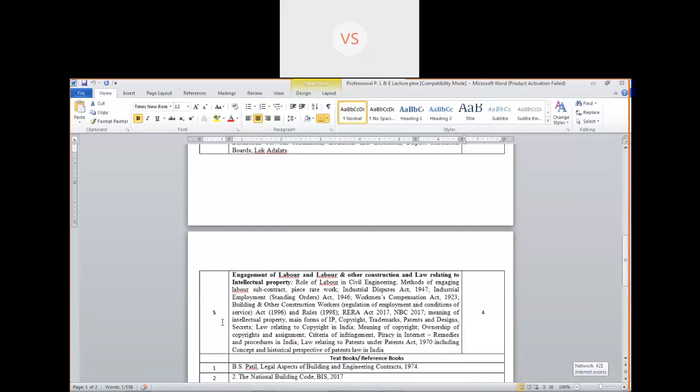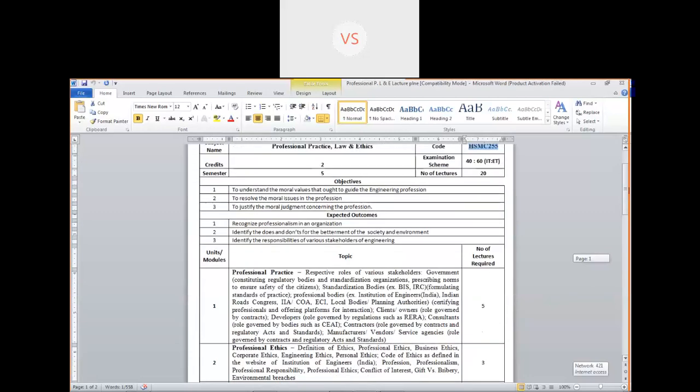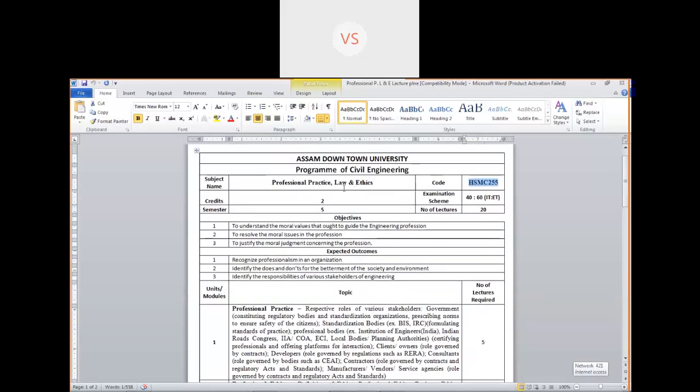In the fifth module, we will learn about different acts: the Industrial Disputes Act 1947, the Industrial Employment Act 1946, the RERA Act 2017, and intellectual property rights. This is all about Professional Practice, Law and Ethics.